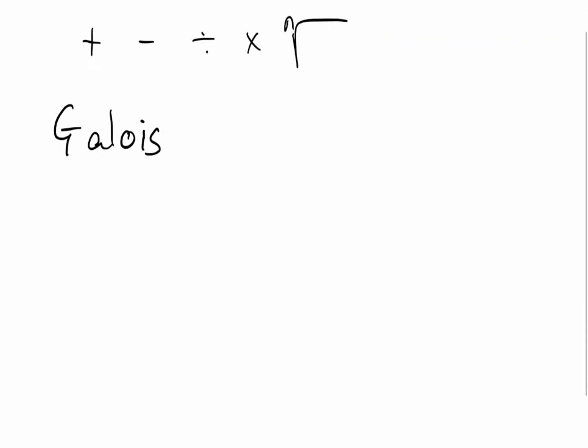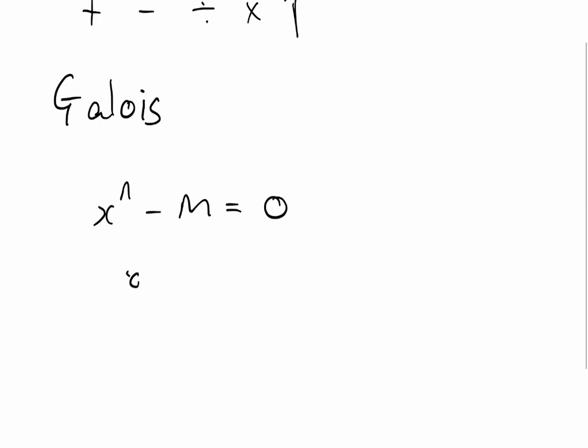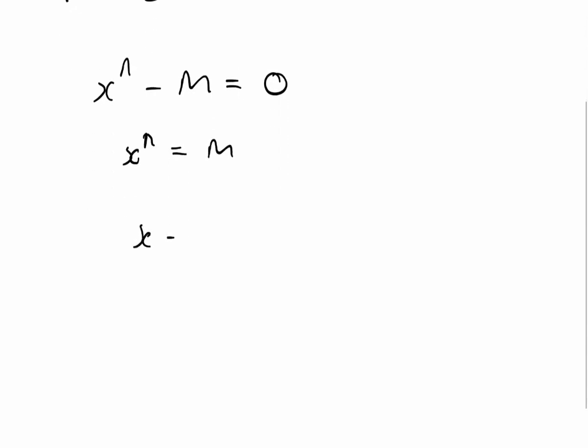So for example, let's say you had an equation x to the n minus m equals 0. That group is always solvable, because you can just say that x to the n is equal to m, and therefore x is equal to the nth root of m times zeta, have I drawn that correctly?